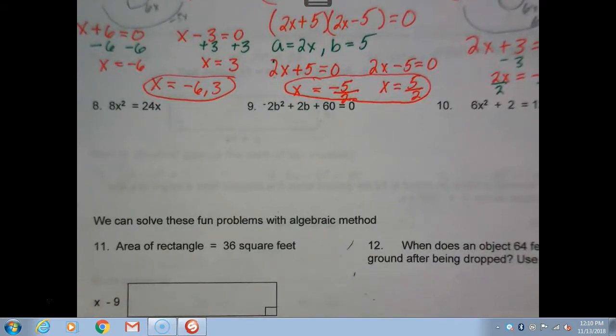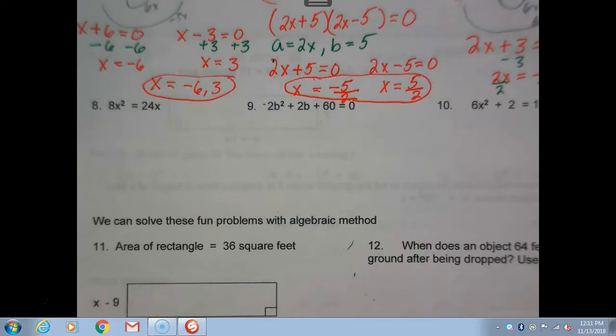Number 8. What do I do? Anyone? Bueller? Huh? Can I factor this? You sure? It's x equals 3?